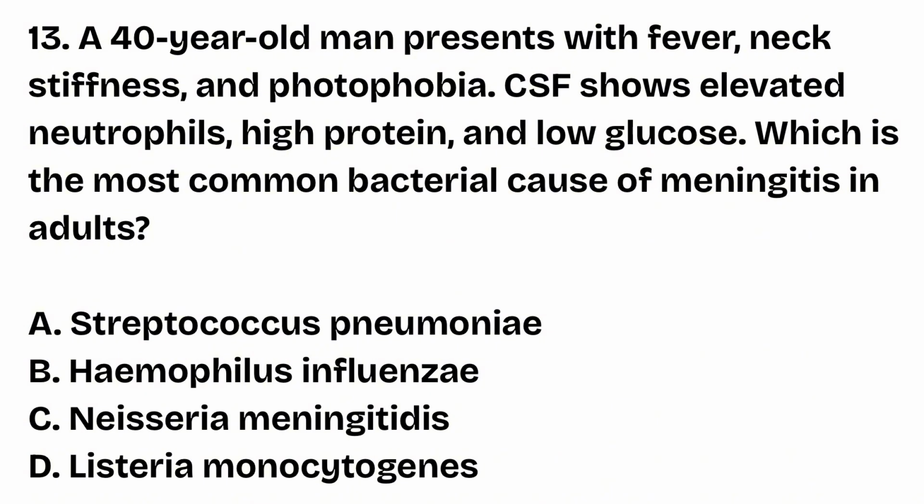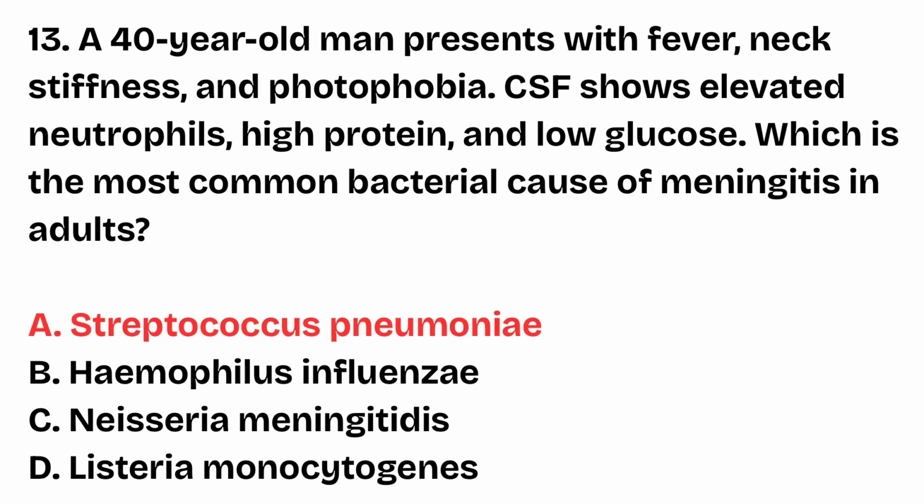Question number 13. A 40-year-old man presents with fever, neck stiffness, and photophobia. CSF shows elevated neutrophils, high protein, and low glucose. Which is the most common bacterial cause of meningitis in adults? Streptococcus pneumoniae, Haemophilus influenzae, Neisseria meningitidis, Listeria monocytogenes.